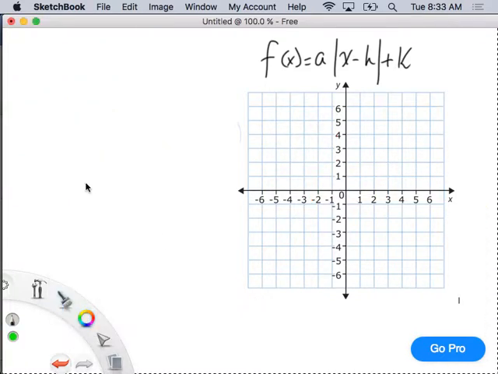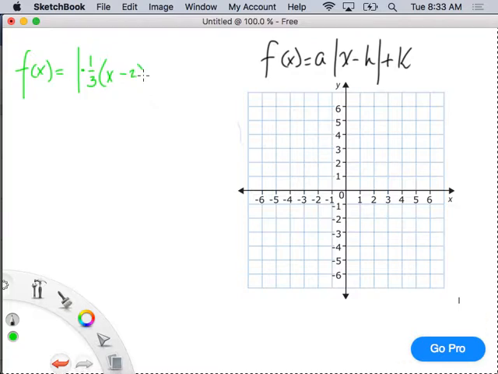A little bit more of a challenging one would be something like this. F of x equals the absolute value of 1/3 x, well, let's make it -1/3 actually. -1/3 x minus 2 plus 1.